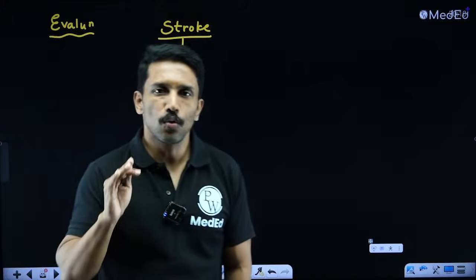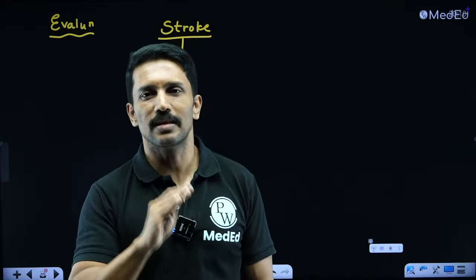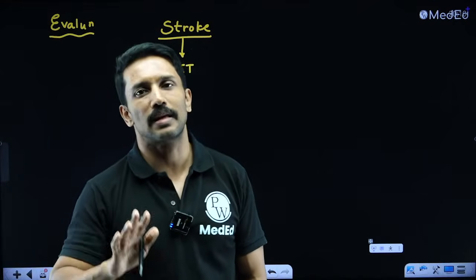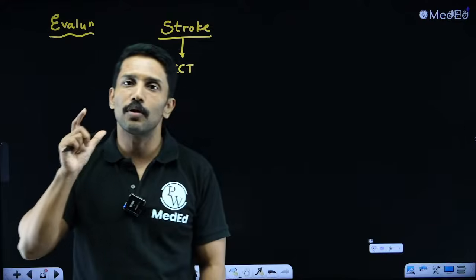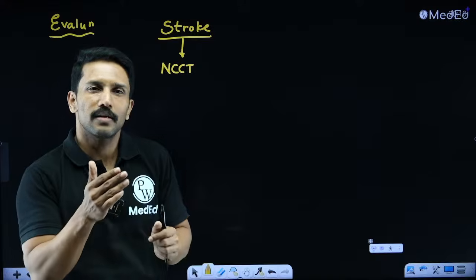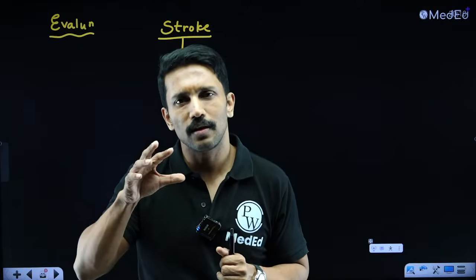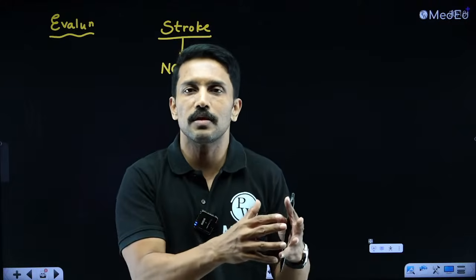Now let me tell you, you can't see an infarct in most cases of stroke within 6 hours of onset. If I'm doing the CT scan, I may not be able to pick up an infarct within 6 hours. MRI can detect sometimes as early as 30 or 40 minutes. So then why does non-contrast CT become my investigation of choice, my go-to investigation, and not MRI?